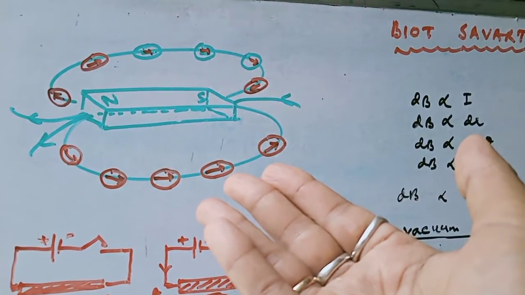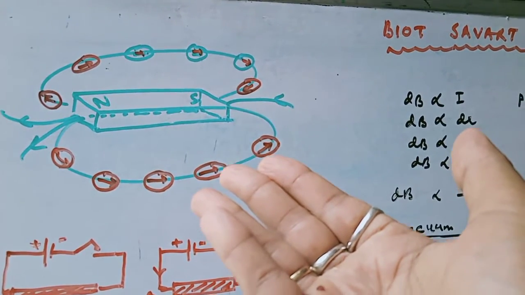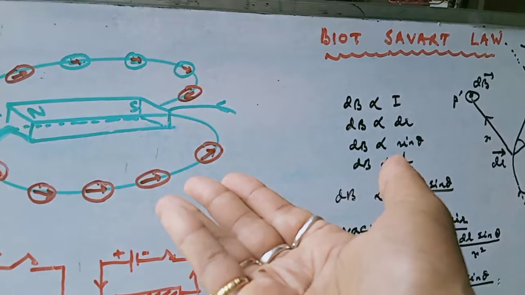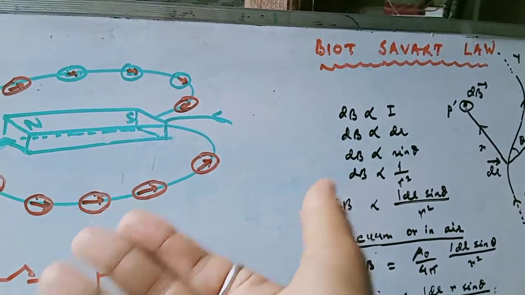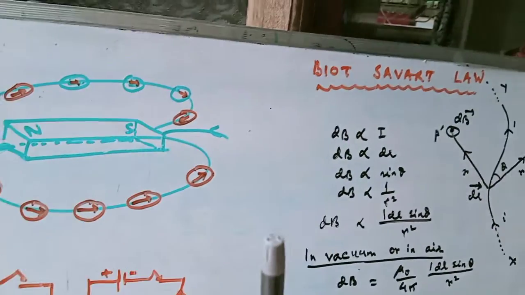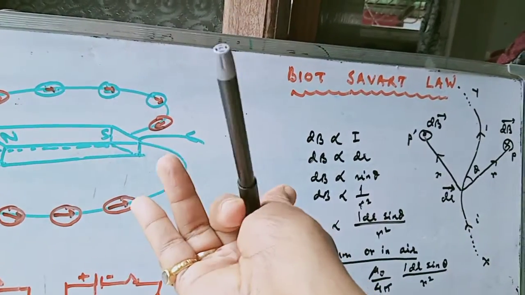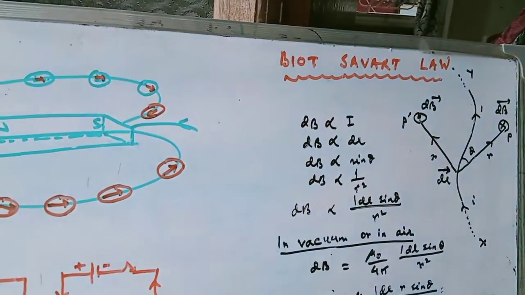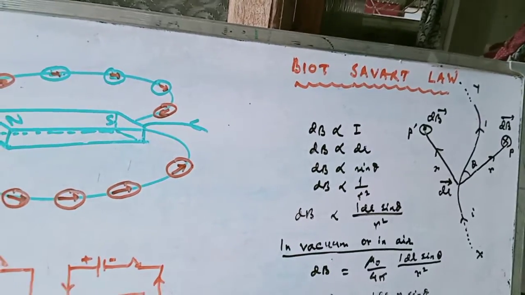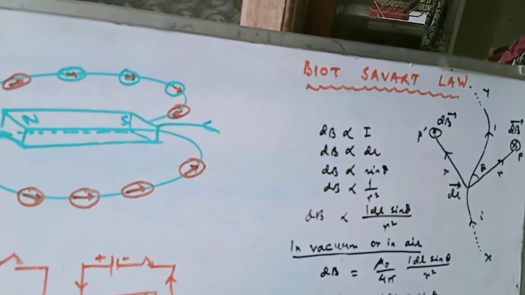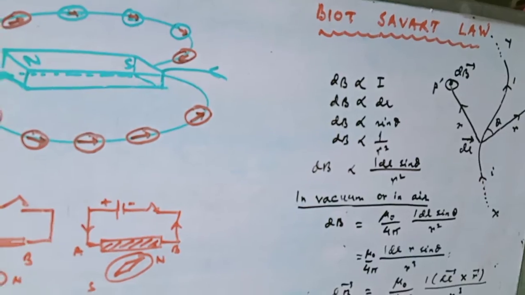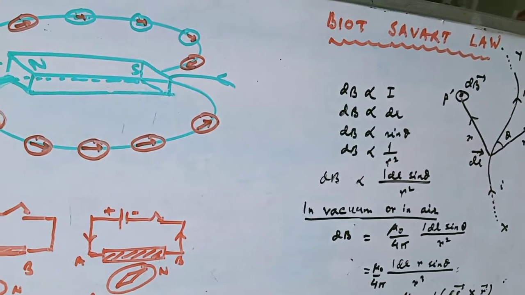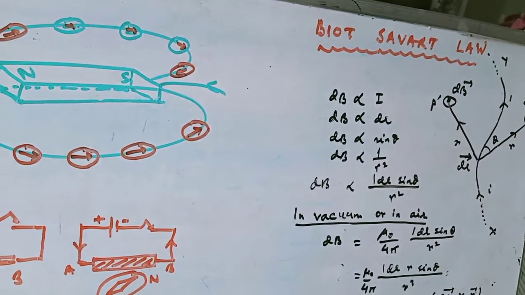Then the perpendicular drawn from the palm will give the direction of B. Perpendicular drawn from the palm. That means it will be, I am showing it in this way. This is the direction of the magnetic field, which is perpendicular to both the palm and the other fingers. This is the right hand palm rule. You can find the direction of the magnetic field produced by a current carrying conductor.